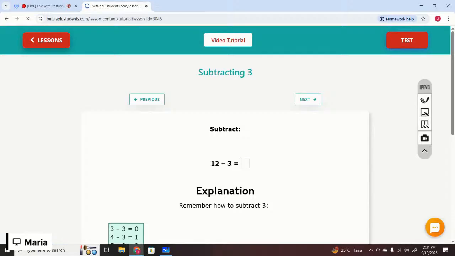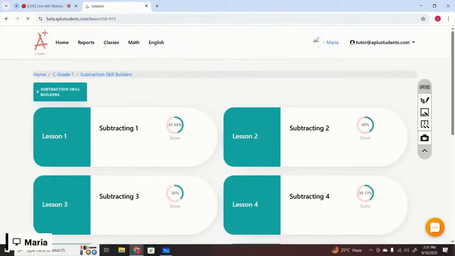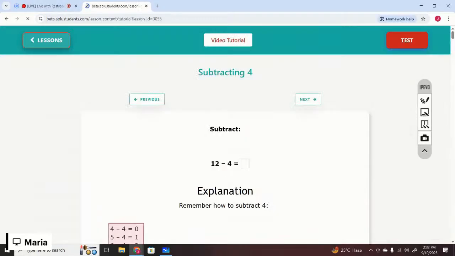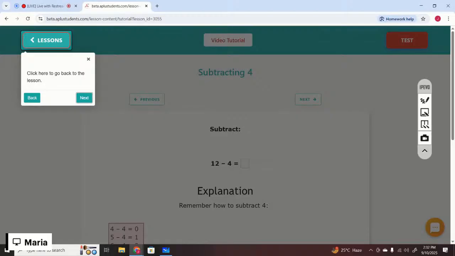Next, we're going to start with subtracting 4. So now we have to start with 12 and go back 4 digits.